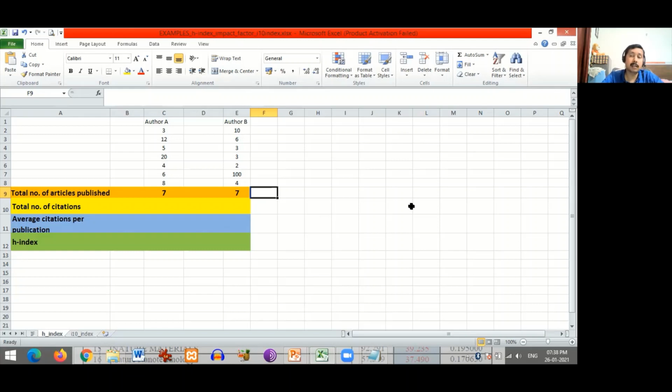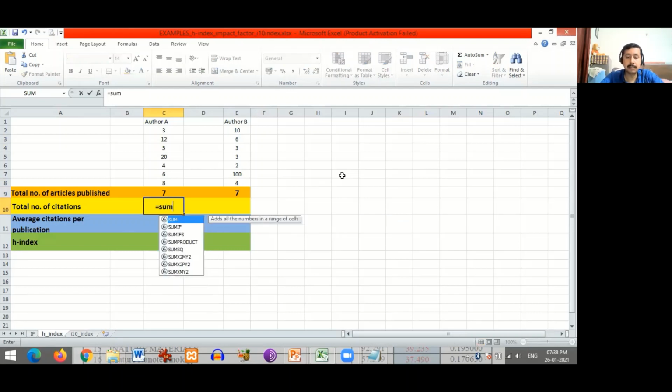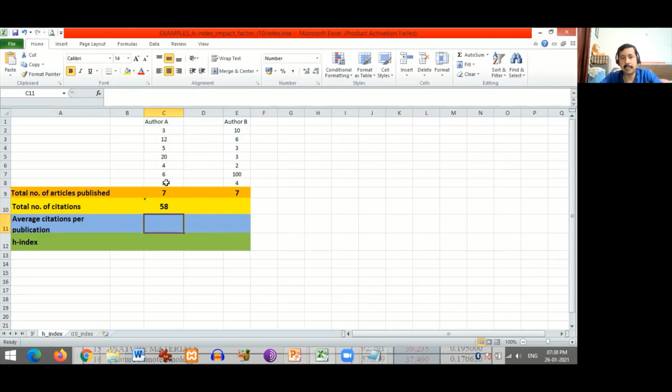Even if the numbers are different, an author's performance should not be based on the number of articles published.